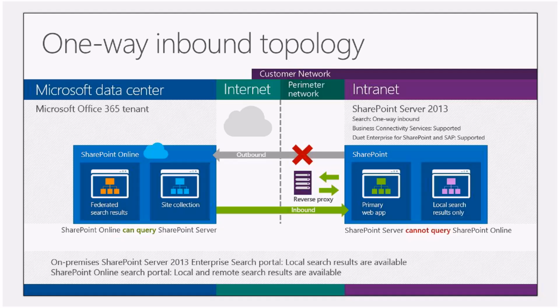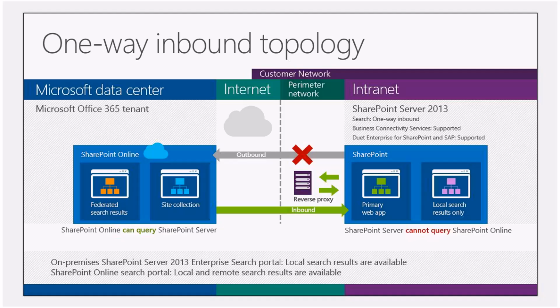Now, the reason for these two distinct topologies, outbound and inbound, is they're largely differentiated by where you anticipate the majority of content to reside. So from a search perspective, if you anticipate the majority of content to reside on premises, then an outbound topology is the most effective topology from a discovery perspective.